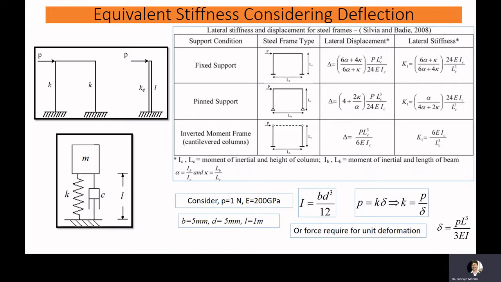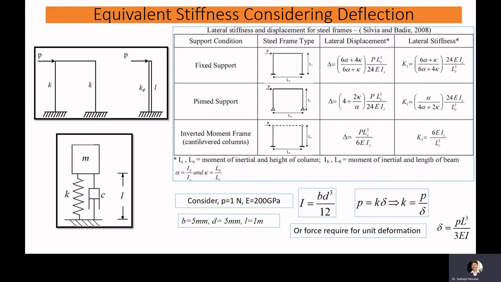So if we know delta, we can calculate the equivalent stiffness for the system. The other way is to apply unit displacement and see how much force is required; the force required for unit displacement is also the stiffness. But here we are going to apply some force, see how much displacement is coming, and then force by displacement will be the equivalent stiffness.